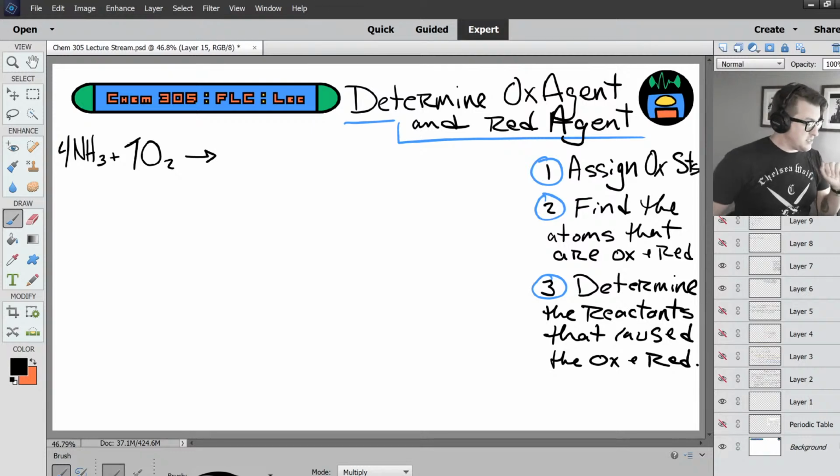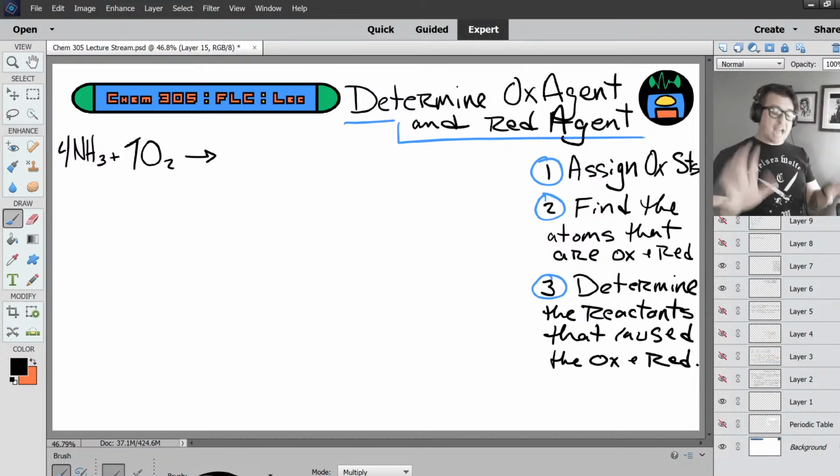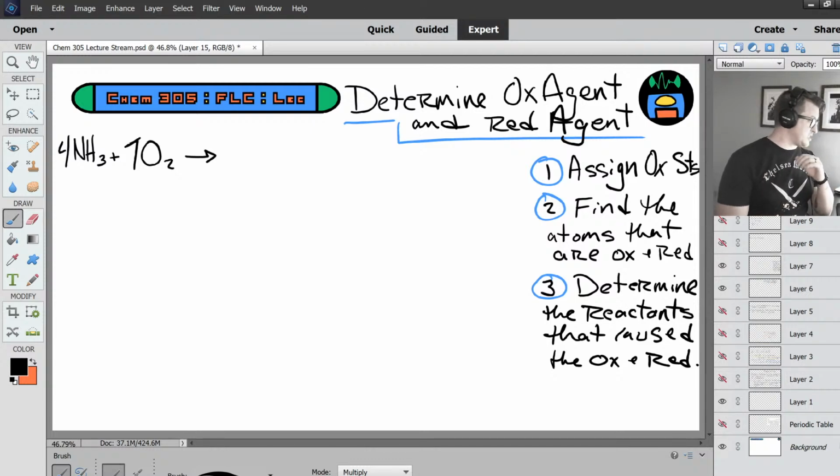The answer is the reactants with changing oxidation states will always be the oxidizing and reducing agents. There sometimes are reactants that don't have elements that are oxidized or reduced. They're part of the reaction, but they're not part of the electron exchange, and those you just ignore. So the reactants that have the elements with changing oxidation states in them will always be your oxidizing and reducing agents.